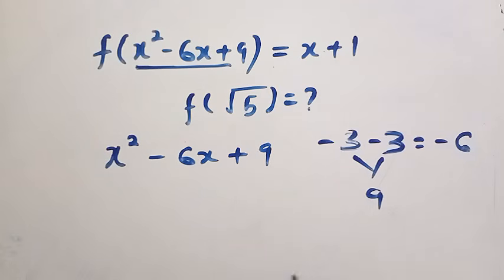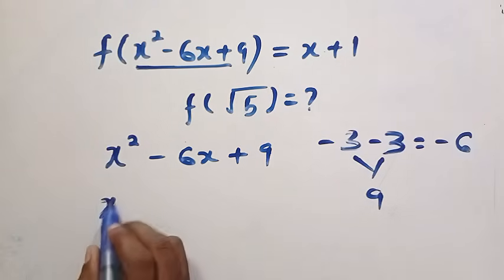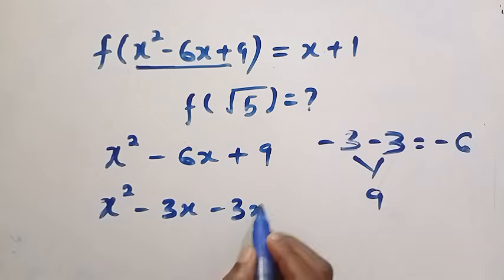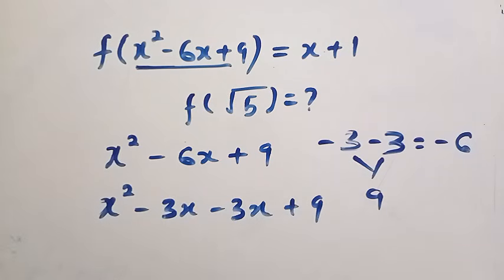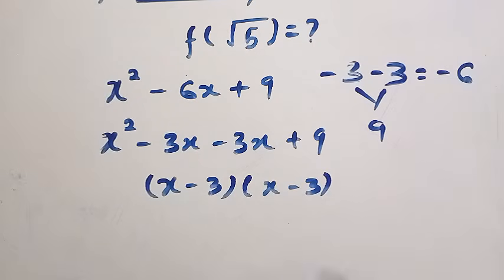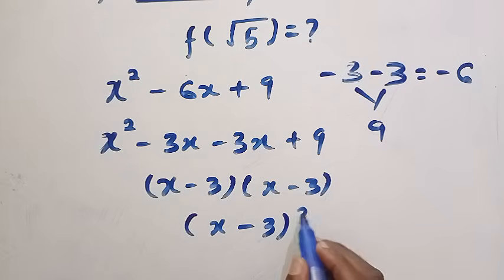Good. And the whole of this, x squared minus 6x plus 9, becomes x minus 3 multiplied by x minus 3. Since the two of them are equal, we have x minus 3 squared.